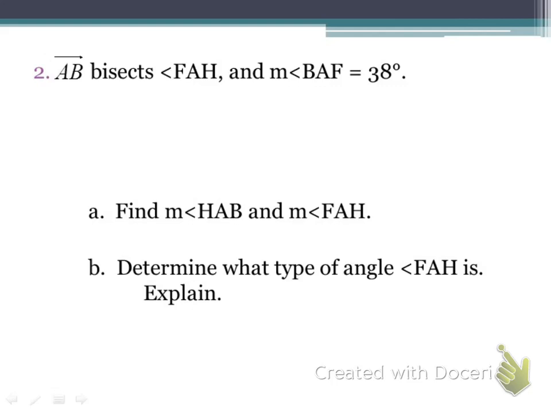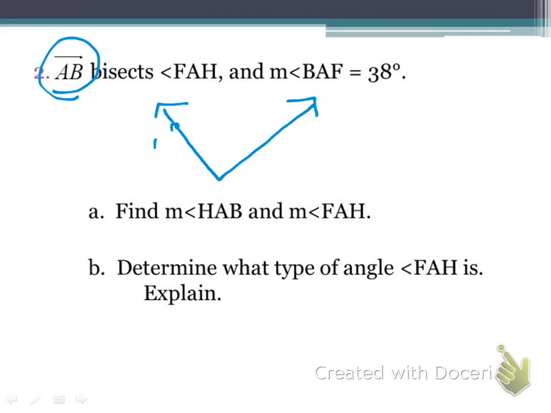Here's example 2. Now, example 2 doesn't have a diagram, so let's draw one. You don't really need to write all this stuff. We are going to show all this information in the diagram that we draw. So I know I have some ray that starts at A and goes through the point B that's going to bisect an angle. So I'm going to draw that angle first.